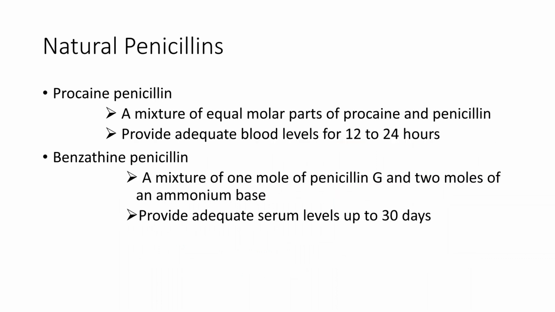Procaine penicillins are equal molar parts of procaine and penicillin. They provide adequate blood levels for 12 to 24 hours. Benzathine penicillin is a mixture of 1 mole of penicillin G with 2 moles of ammonium base, but it has adequate serum level for 30 days.